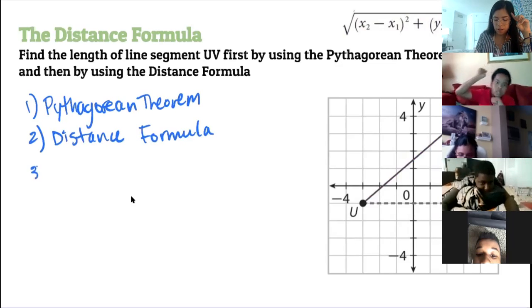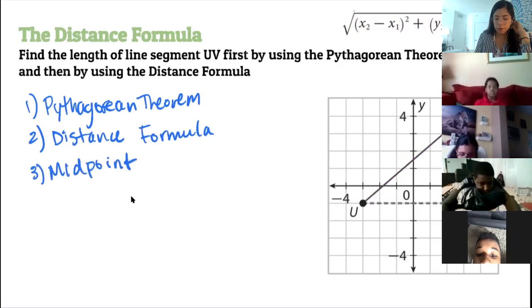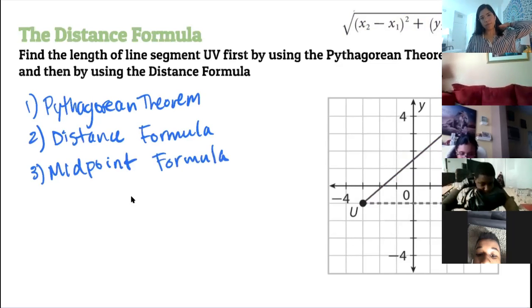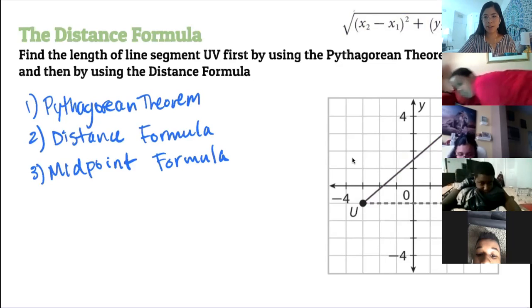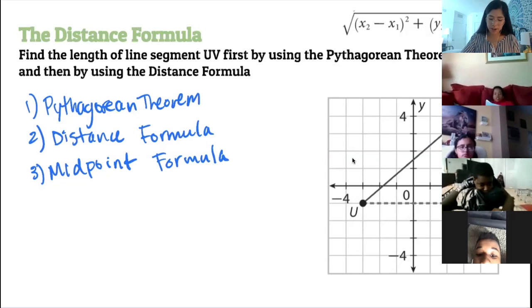Number three, midpoint formula. That way we can practice all three. In your notebook, all you need to write down is the math. You do not need to copy down the graph, but any math that we use, I want you to write that down. So starting with the Pythagorean theorem.